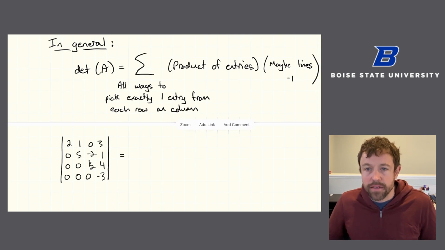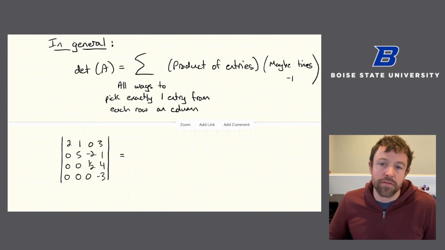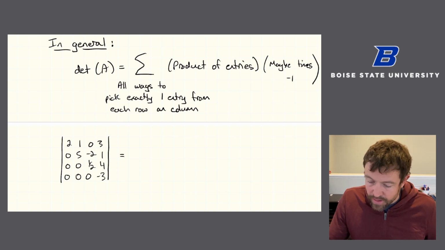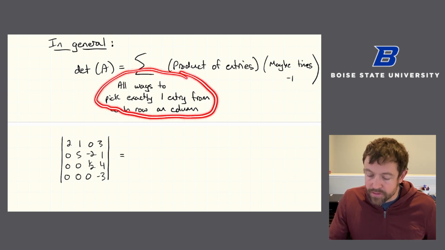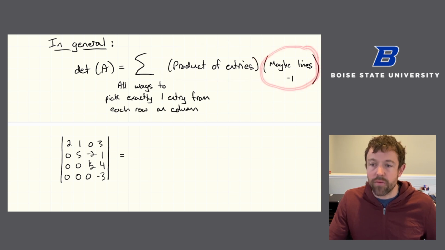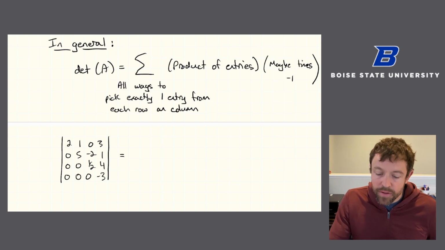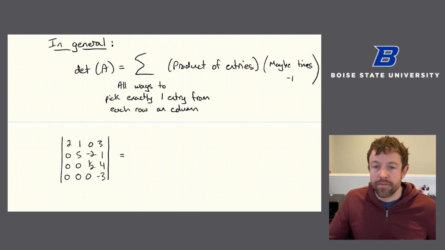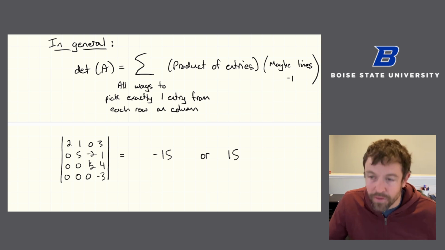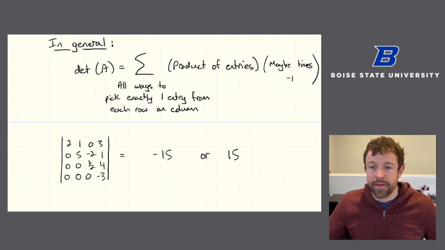And all we know is that the formula for the determinant of a matrix is always to pick exactly one entry from each row and column. We multiply the entries, and maybe we multiply by -1. And I've given you enough information to figure out that this determinant is either -15 or 15.